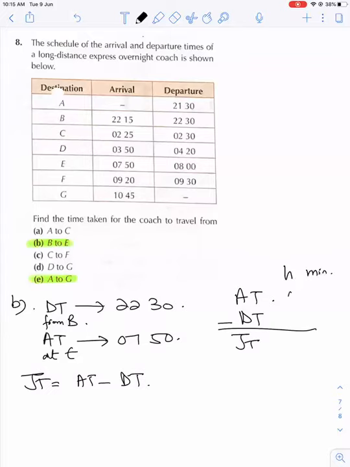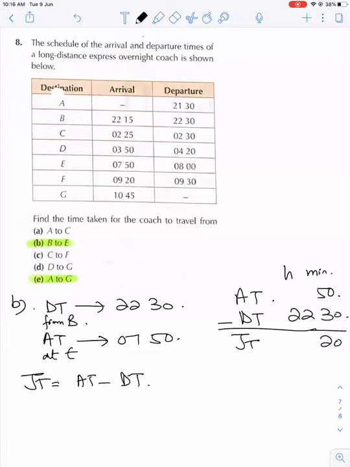Arrival time is 7:50. Departure time is 22:30. Let's subtract the two. 30 minutes from 50 minutes, you get 20 minutes here. Have you noticed one thing? The arrival time is 7:50 and the departure time hours is 22 here. You cannot subtract 22 hours from 7 hours. Actually, this is an indication that the new day has started. So what you have to do here is simply add 24 hours to 7. 24 plus 7 gives you 31.